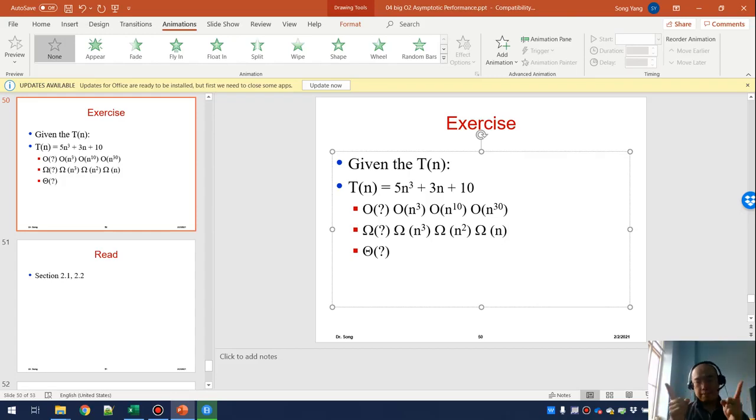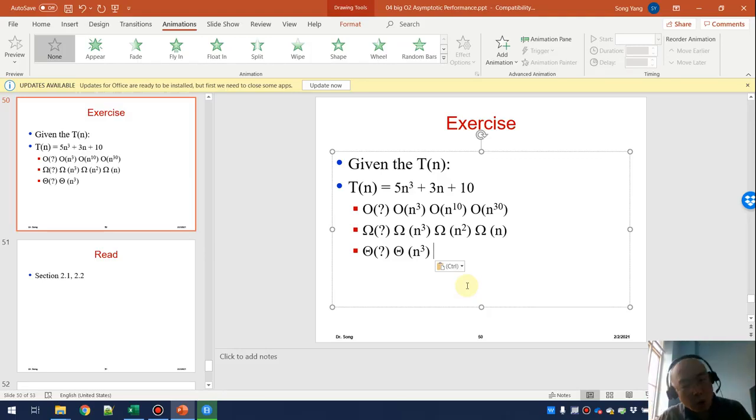But how about theta? To be a theta, we have to use the same polynomial for both the upper bound and the lower bound. So what's in common? This polynomial is both O of n cubed and omega of n cubed, so we can say it has to be theta of n cubed, and theta of n cubed is the only correct answer in this case.